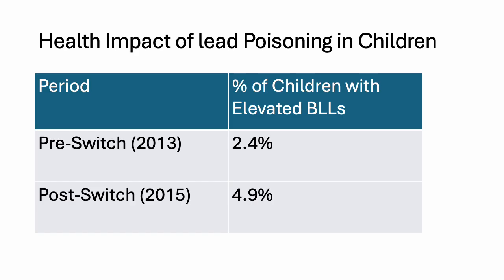We can see the pre-switching and post-switching in 2013 and 2015, where it increased from 2.5% to almost 5% among the children, which is a very high level, and it actually ended up with a very high hospitalization rate and incidence of illness.